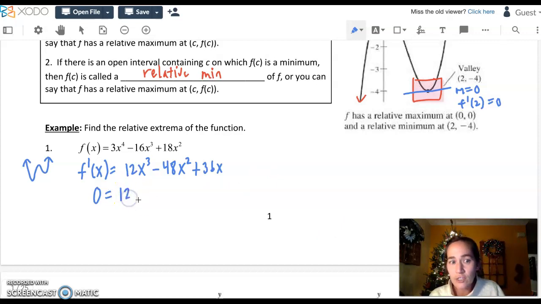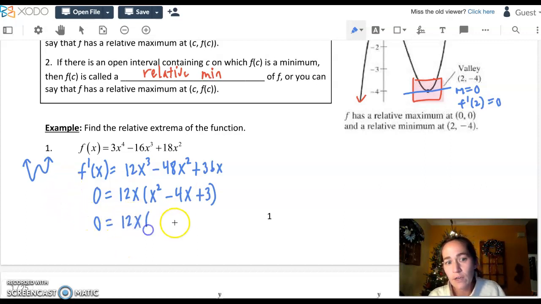I want to take out a GCF once we've taken a derivative, so maybe a 12x. And we'll have a quadratic left, so an x squared minus 4x plus 3. Okay. So we're looking for 3 turning points. I think we might get 3 distinct turning points. You've got a 12x as a factor. You have x minus 3 as a factor.